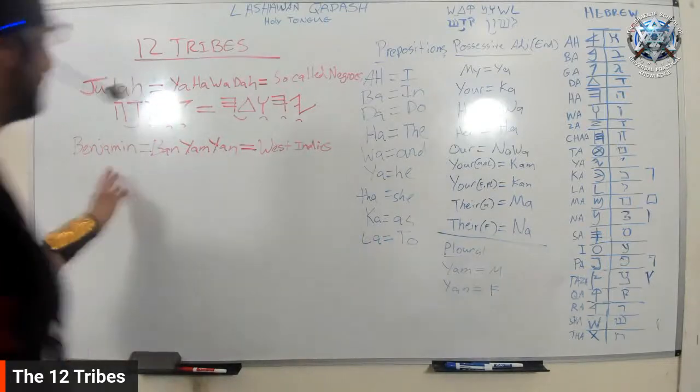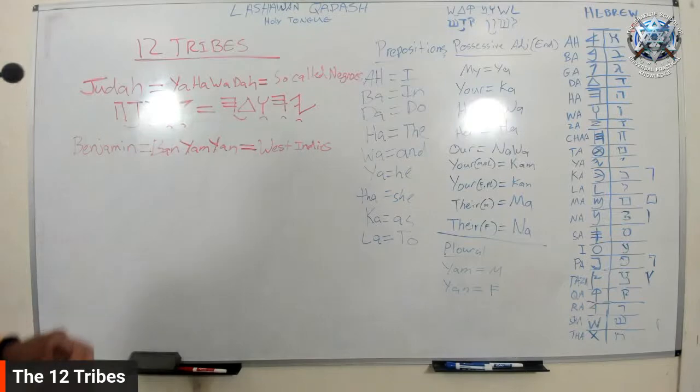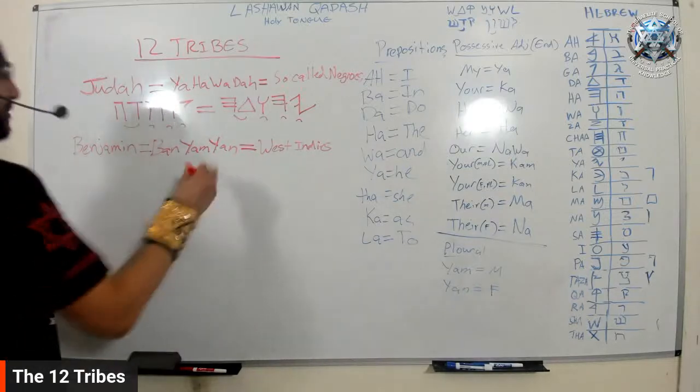And so being called son of the right hand makes perfect sense, because that would be the extension of the Most High's skill when he refers to his right hand. So the tribe of Benjamin is definitely reminiscent of that.